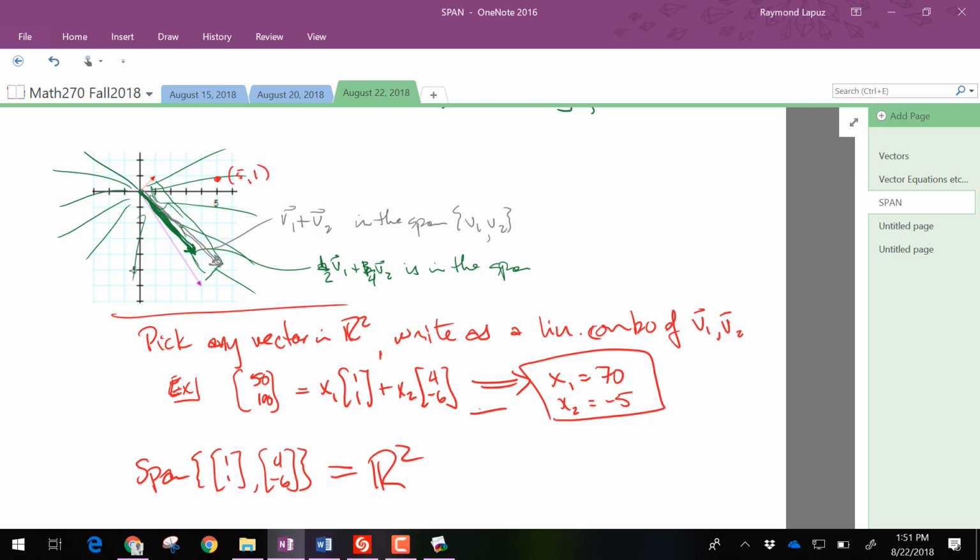Well, maybe we weren't quite finished with the two-dimensional story yet. Because I can give you two vectors in two dimensions that won't span the whole plane. Can somebody give me an example of two vectors in two dimensions that won't span the whole plane? Anybody except for Pedro. Andrew?